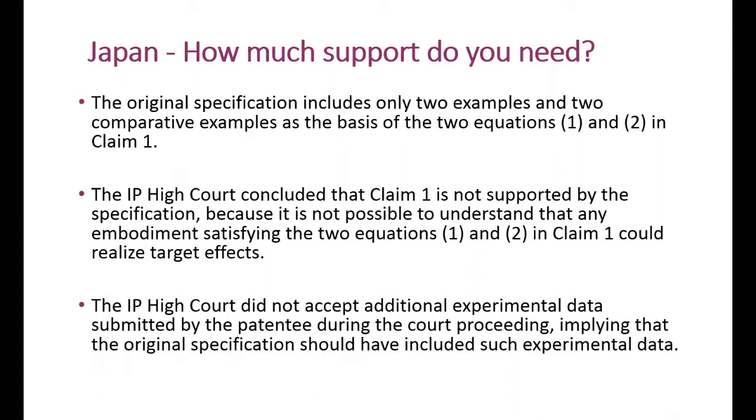So it basically means 2 working examples to support the 2 equations in claim 1. And the Japanese High Court said not supported, because you couldn't conclude that any embodiment, basically any example that you chose satisfying the 2 equations, would get the target effects. And they did not accept any experimental data after filing. So that means all that data that they submitted should have been included in the original application.